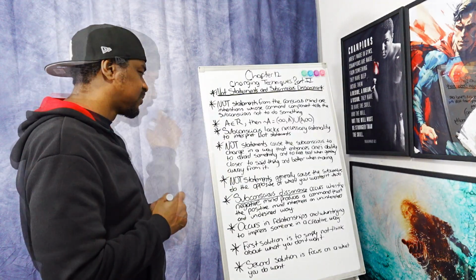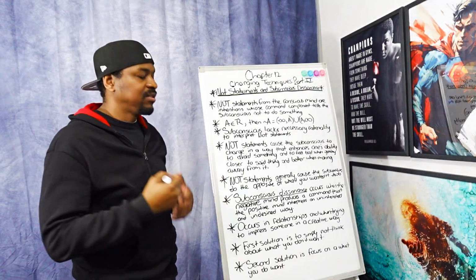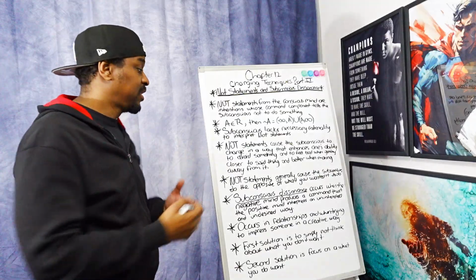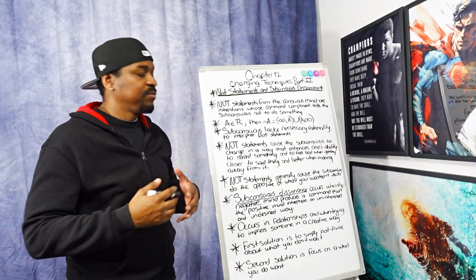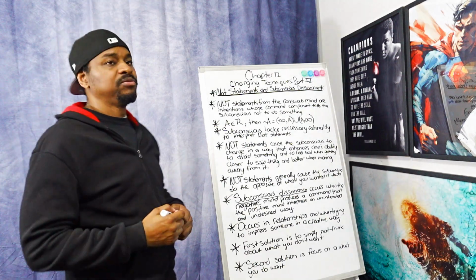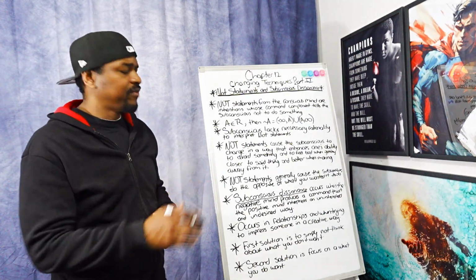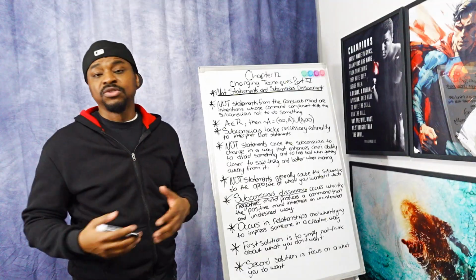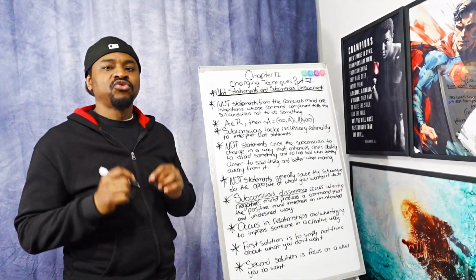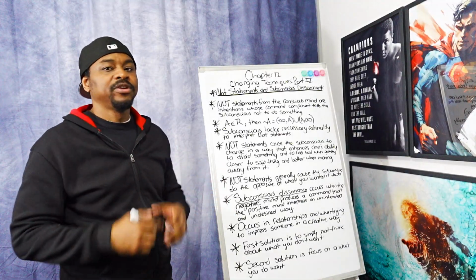Where I came up with this interpretation is from the attention principle. We talked about that in chapter 7. The attention principle says that you can't think about something without drawing some of your attention to it first.